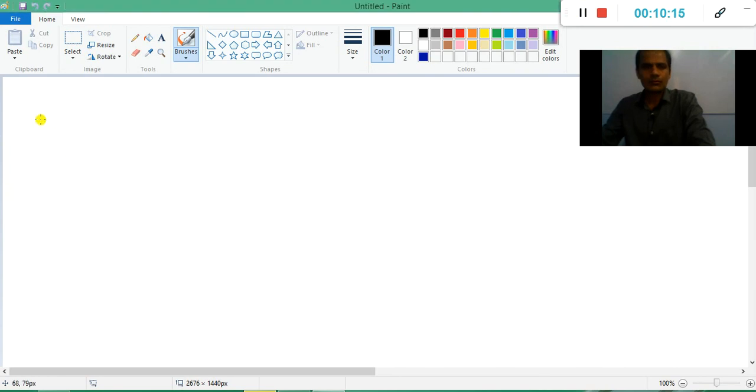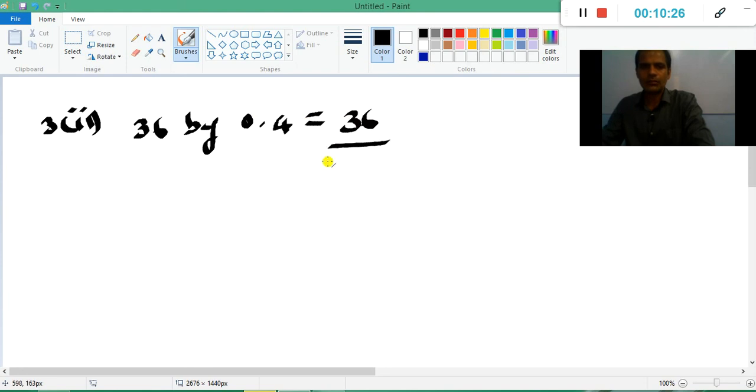Second part of third question. It is 36 by 0.4. Okay, means we have a decimal number in the denominator, so multiply by 10 and also divide by 10.